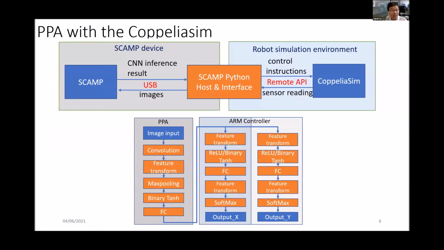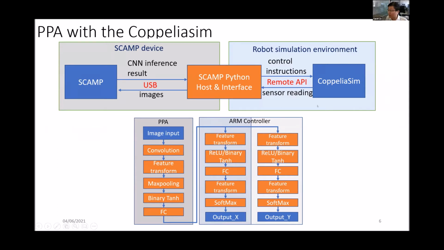We also propose a semi-simulated platform by integrating the SCAMP with the CoppeliaSim robot simulator. This platform takes advantage of the SCAMP's parallel computation ability and the rich simulation scenes in the simulator, where applications can be exploited and validated virtually.